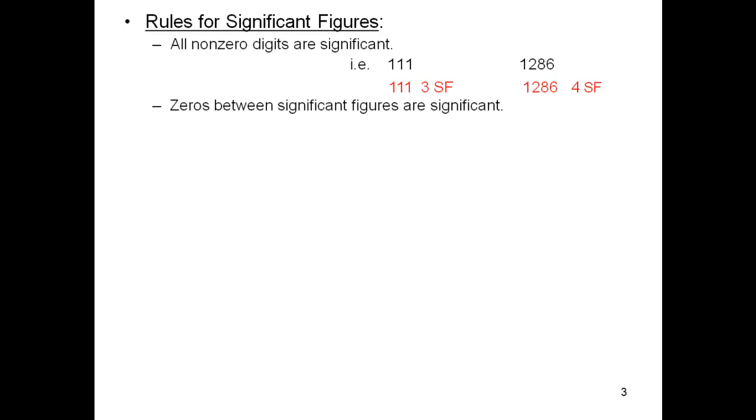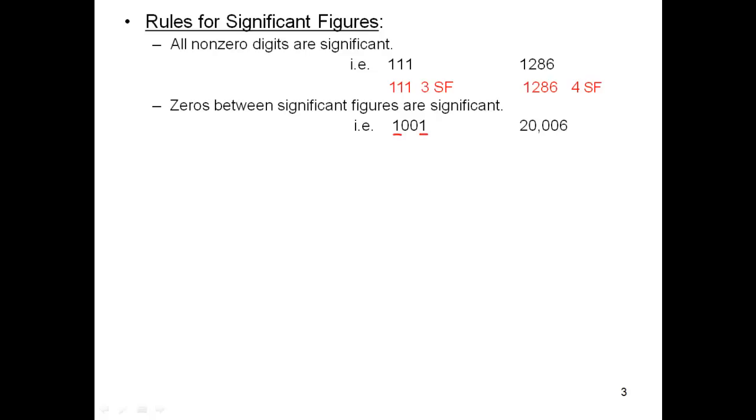The rest of the rules deal with 0. 0 may or may not be significant, and we'll determine if they are by the following rules. First one, zeros between significant figures are significant. So something like 1001, which has significant digits on the outside here, both those ones are significant.